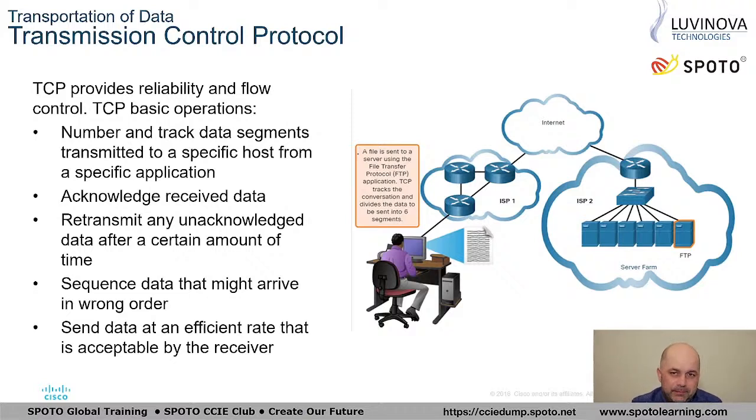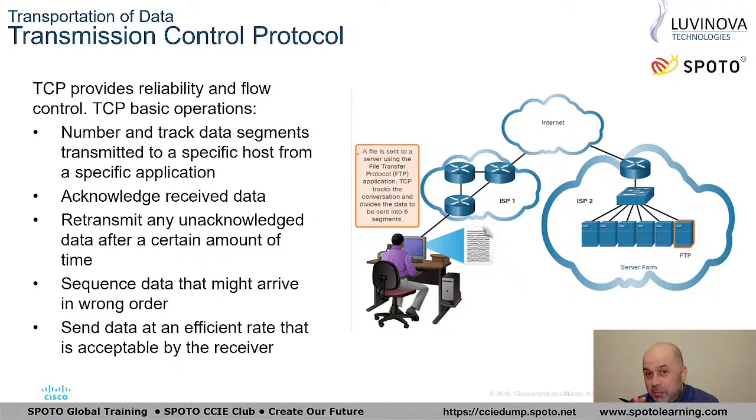Acknowledge received data. That means whenever you send something, TCP ensures the data will be delivered at the destination point. If it's not, TCP will ask the sender to send again the missing data or the missing piece of the data.